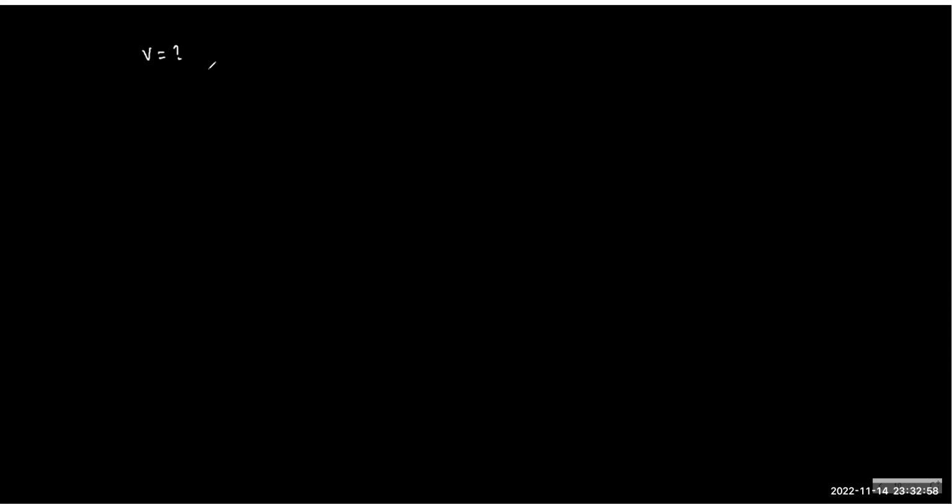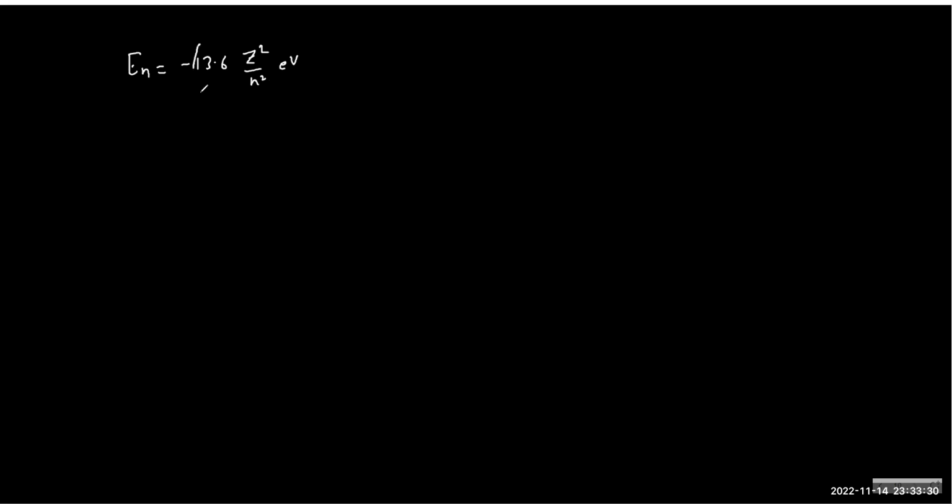For V, which relation will give me the answer quickly? MVR equal to H by 2 pi. Yeah, I can get the answer quickly because I know the En. En is Z square by N, this is the answer, right?